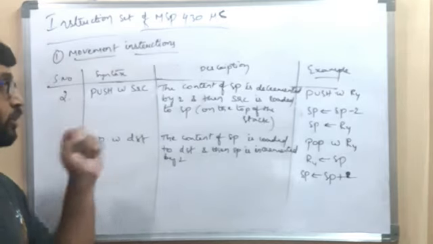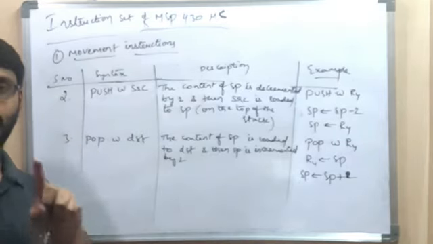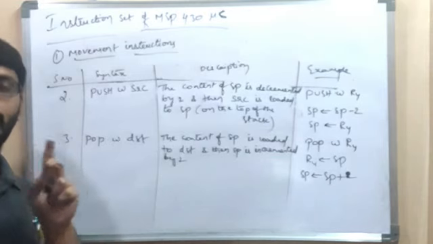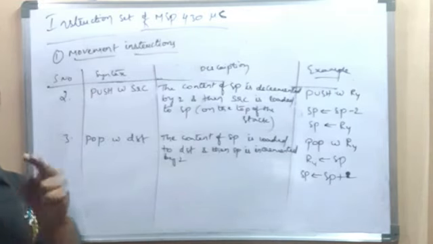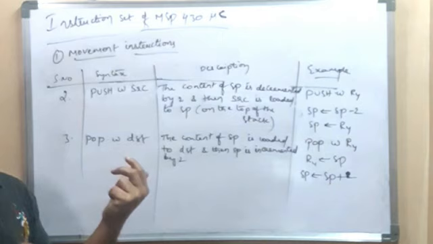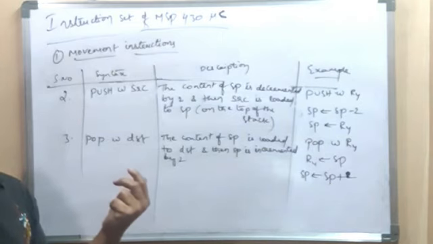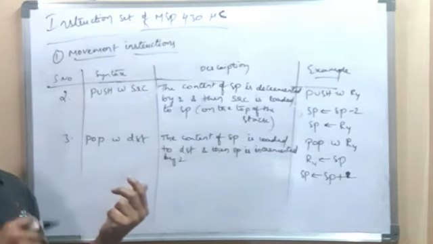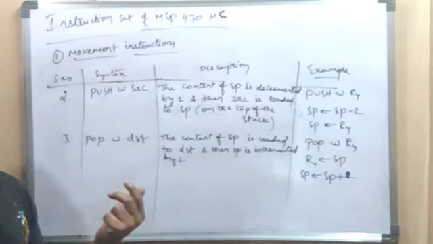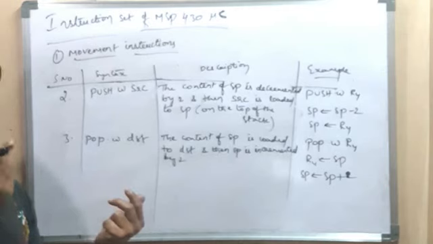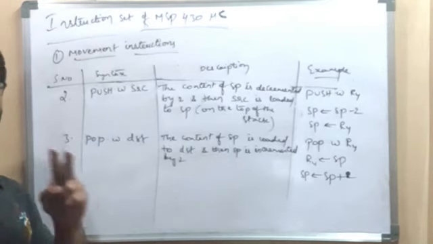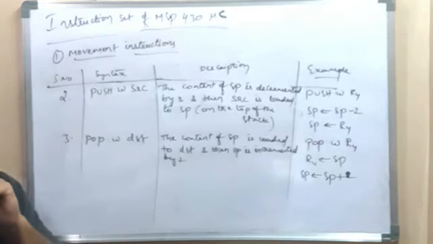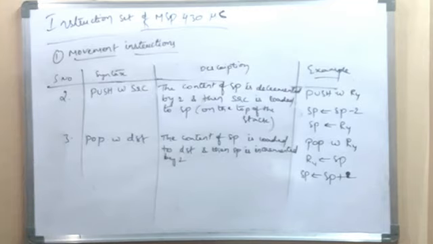While a push instruction is executed, first stack pointer is decremented by 2 and then the source content is loaded onto the top of the stack. When popping, whatever is on the top of the stack is loaded to destination, and then SP content is incremented by 2, right? Don't get confused. So these are movement instructions.